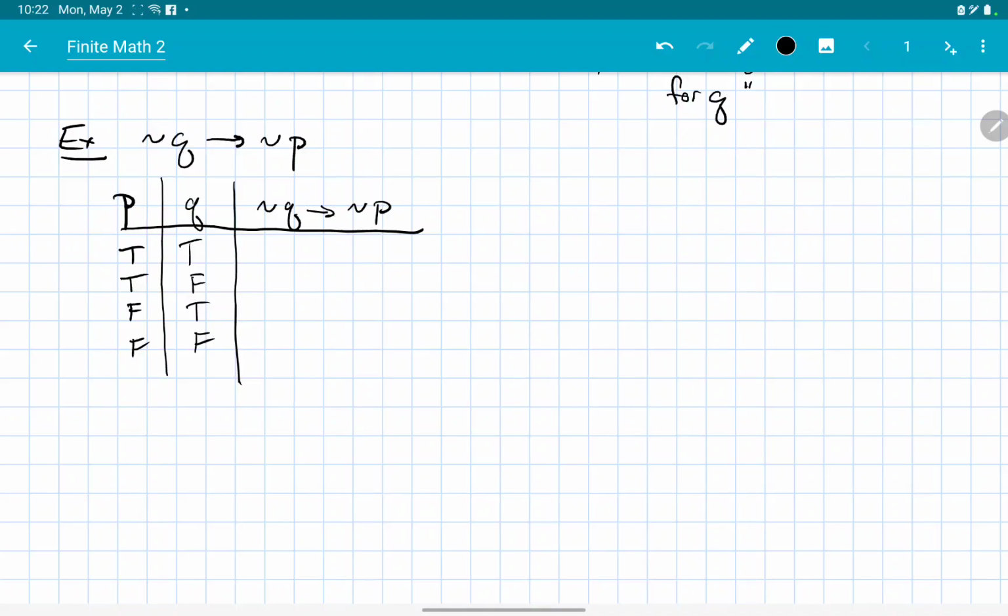Let's see here. Okay, not Q implies not P.